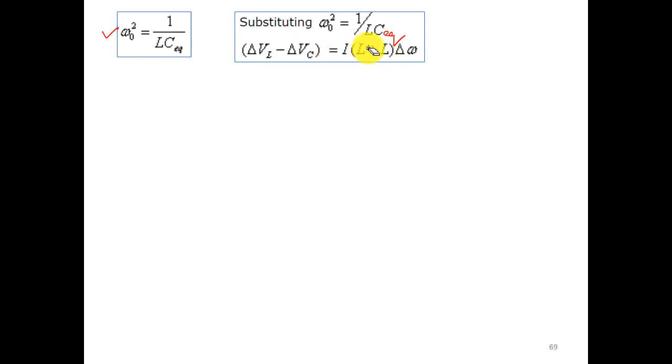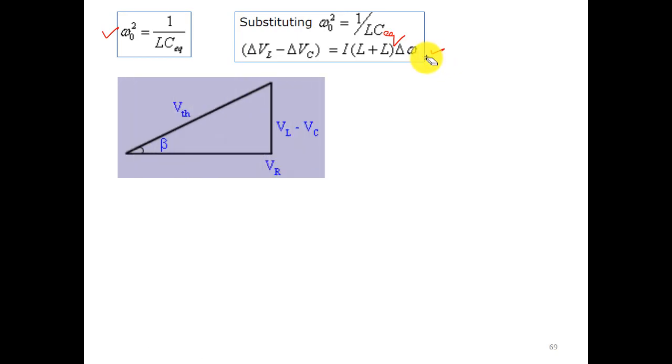So by substituting, we'll find delta VL minus delta VC, which is the variation of the voltage drop because of the frequency deviation, equal to I times L plus L into delta omega. After substituting 1 by LC here in the first equation, we'll get this term, that is I times 2L delta omega.